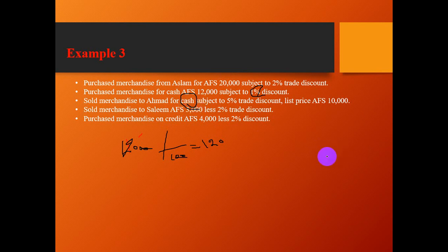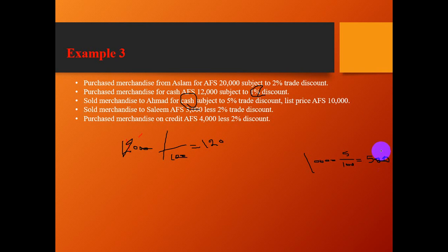So how much? 5%. So 10,000 multiplied by 5 divided by 100. How much does it become? 500.